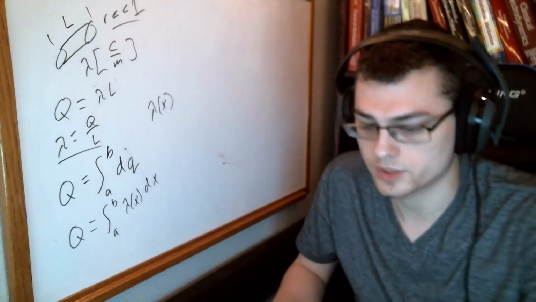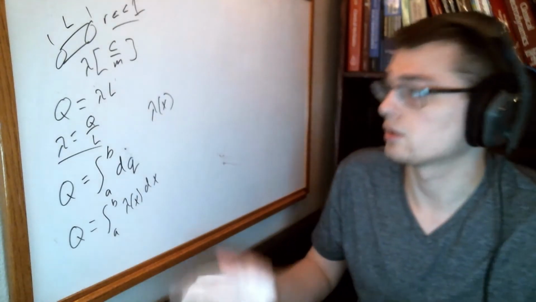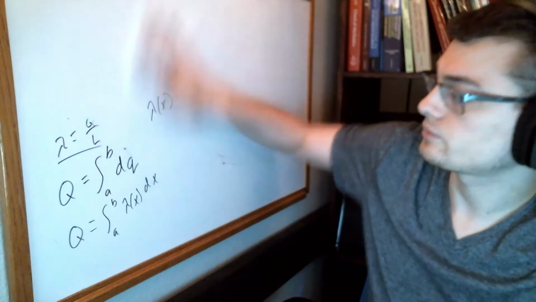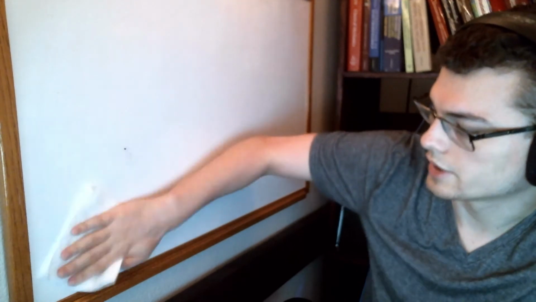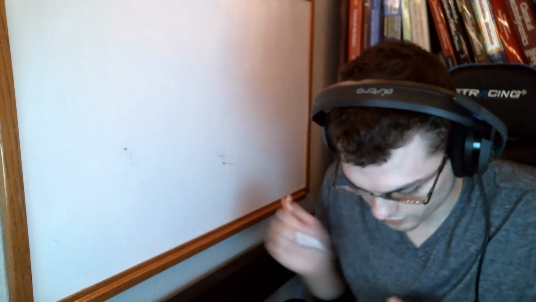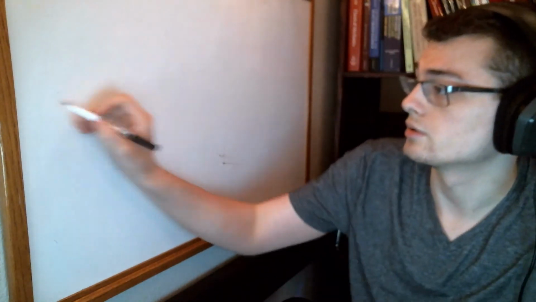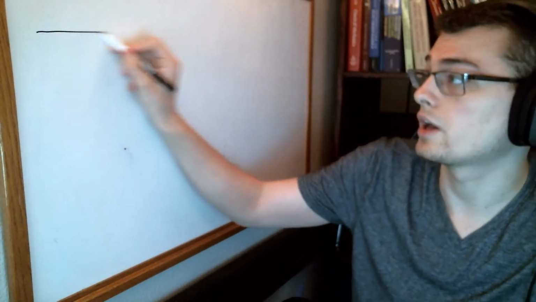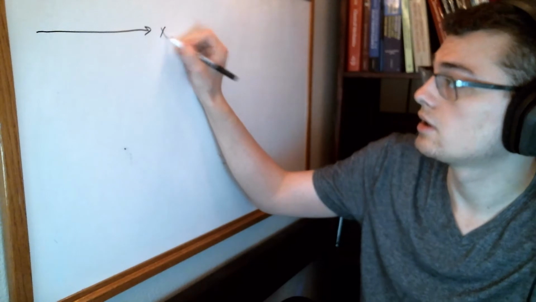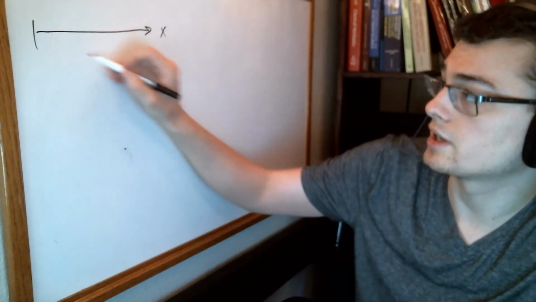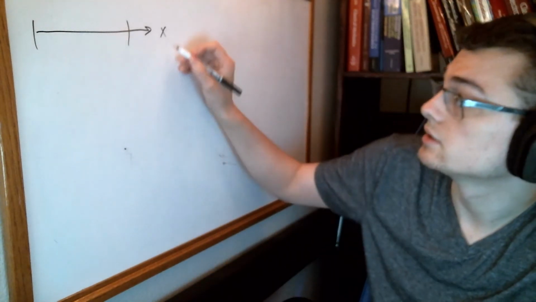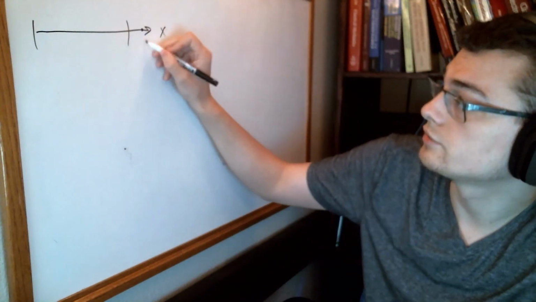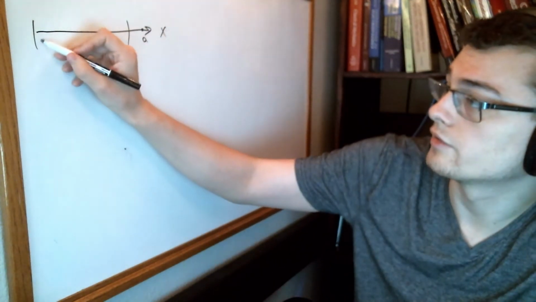So now let's do another problem with a rod. This time we're going to be finding the electric field at a certain point. This is our positive x-axis, and we're going to have a rod here, and we're going to be finding the field here.